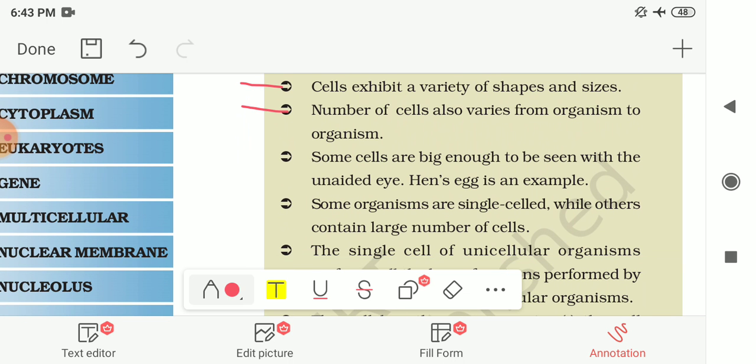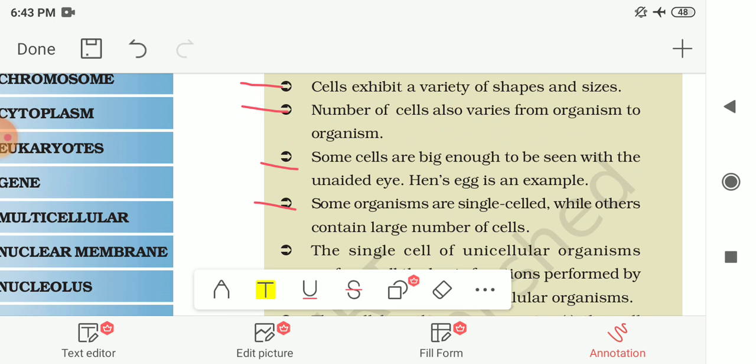The number of cells also varies from organism to organism, and some cells are big enough to be seen with the unaided eye, like a hen's egg, for example. Some organisms are single-celled while others contain a large number of cells.